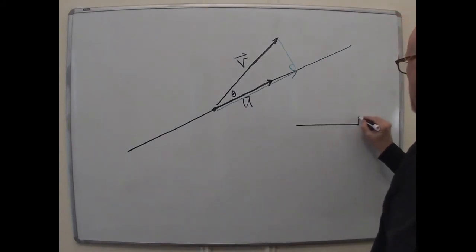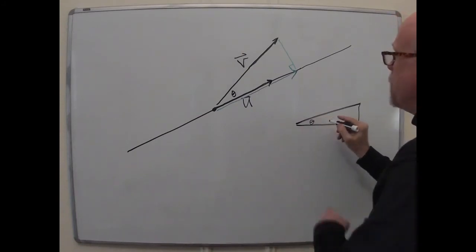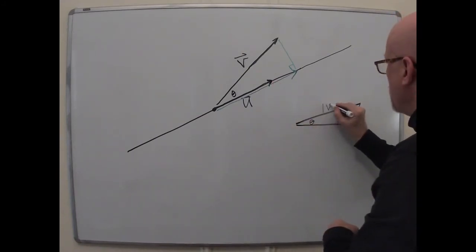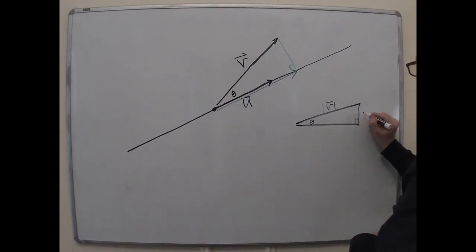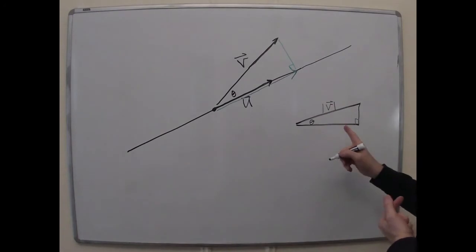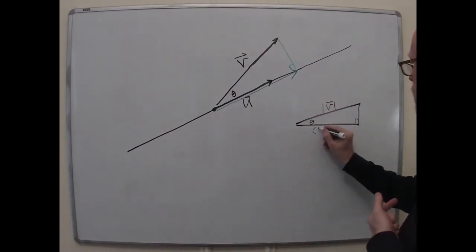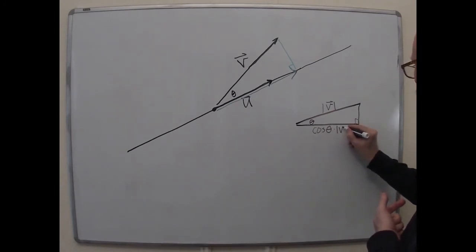Let me pull it off to the side. Theta is in there. The length of v is the hypotenuse of that triangle. I don't know what this side or this side is, except, wait a minute, I do, because I know trigonometry. This side is the cosine of theta times the length of v.